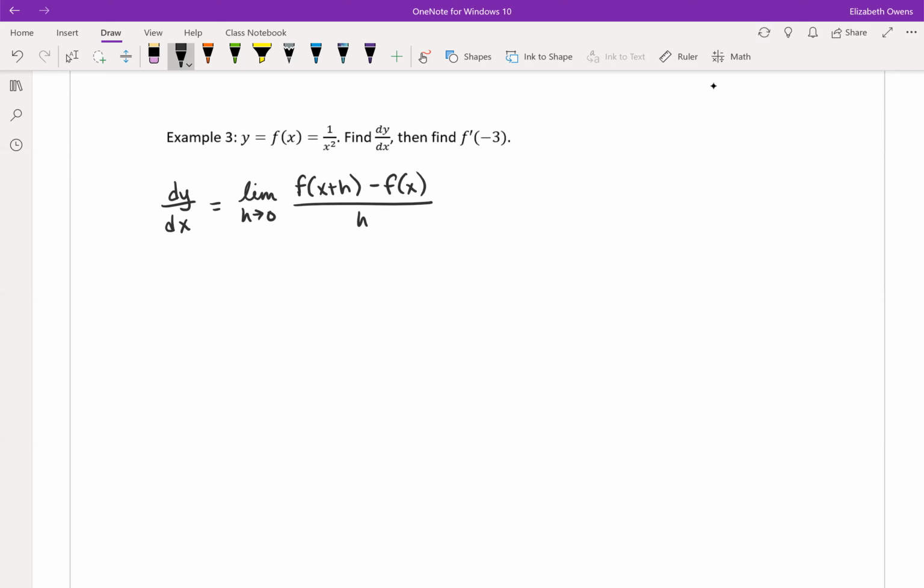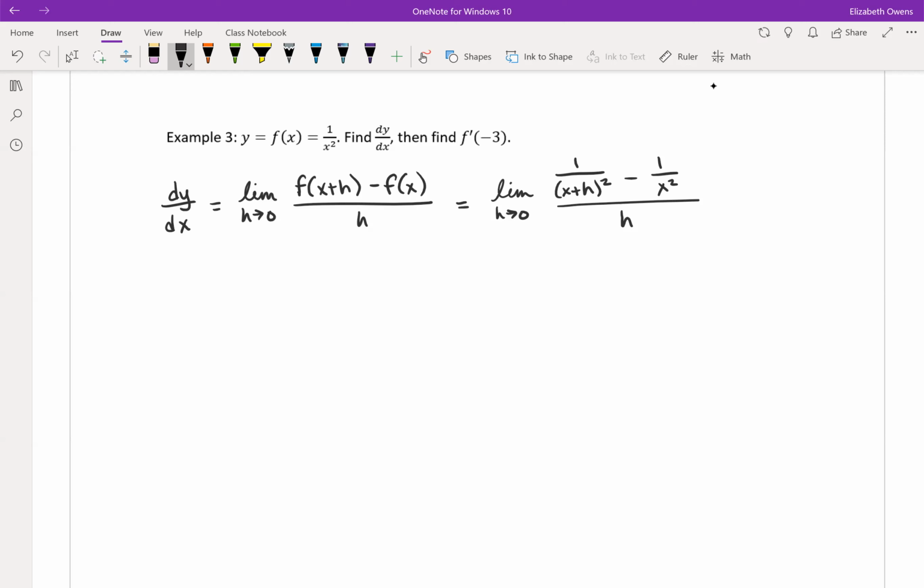And we're going to go through the exact same process here as we have been. So start by plugging in your x plus h into the function. So we'll have the limit as h approaches 0 of 1 over x plus h squared. That's f of x plus h, and then minus f of x, which is 1 over x squared, all over h.